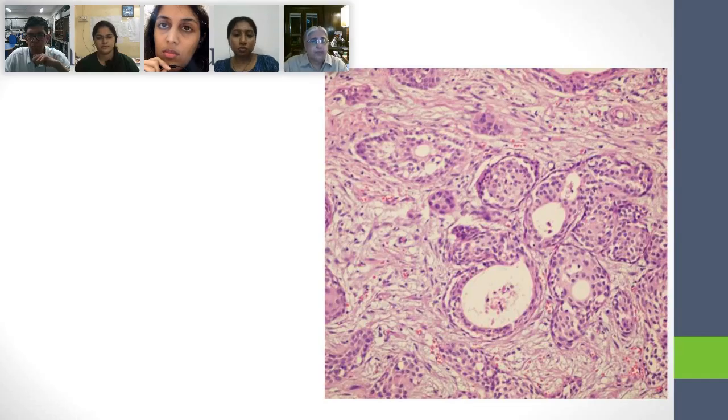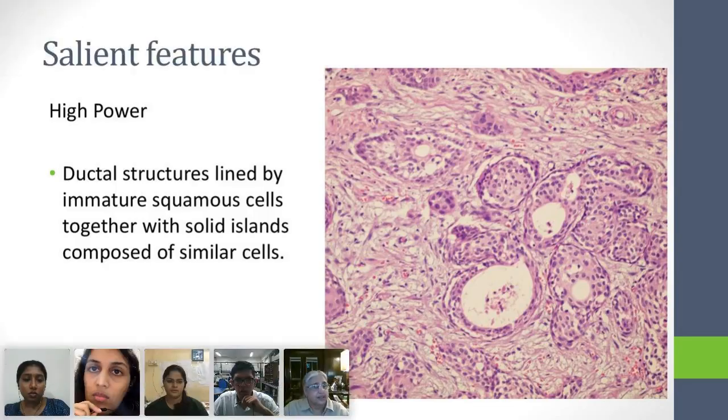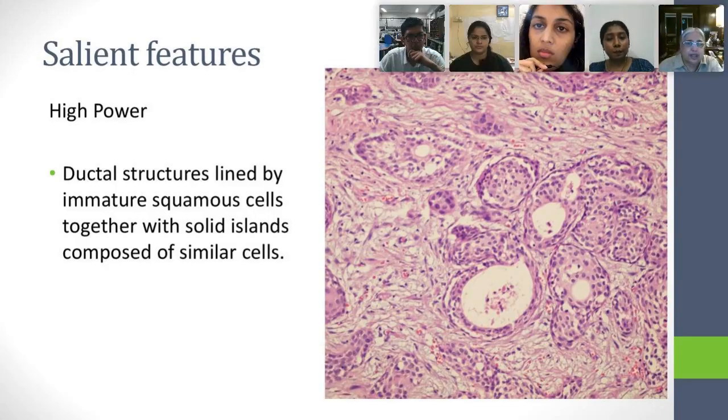All right, now this is high power. So what are you going to see at high power now? Ductal structures lined by immature squamous cells. See, these are not keratinizing squamous cells. And this is what you see in immature metaplasia in the cervix. And somebody asked at some stage, I don't know whether they asked me or they asked Asavari, what is an intermediate cell in a mucoepidermoid tumor?